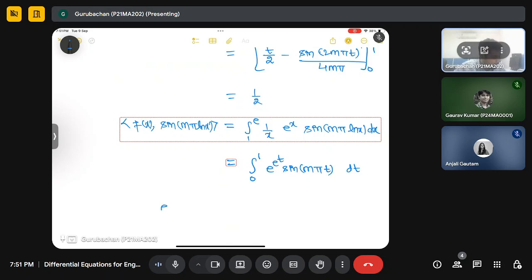And we will get our series, that is e to the power x can be represented as the sum from n equals 1 to infinity of Cn times sin(n pi ln x). What is the value of Cn?